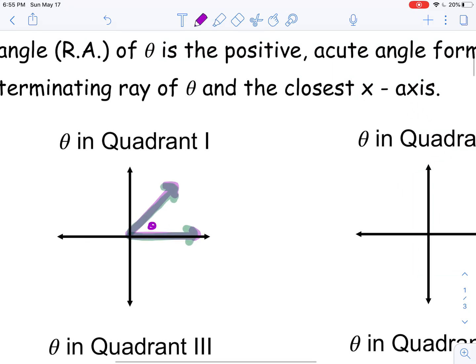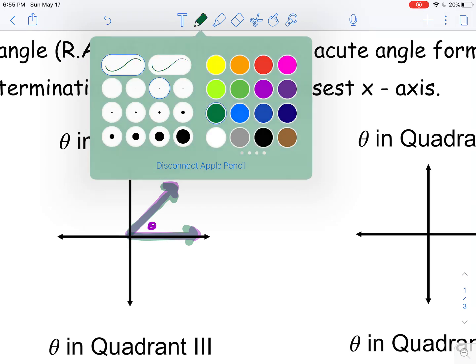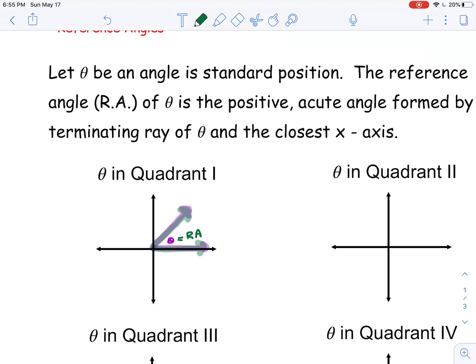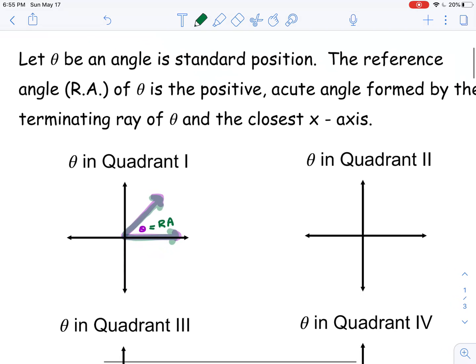So in the first quadrant, my reference angle and my angle are the exact same thing. So for example, let's say that my angle is equal to 30, my reference angle will be equal to 30.